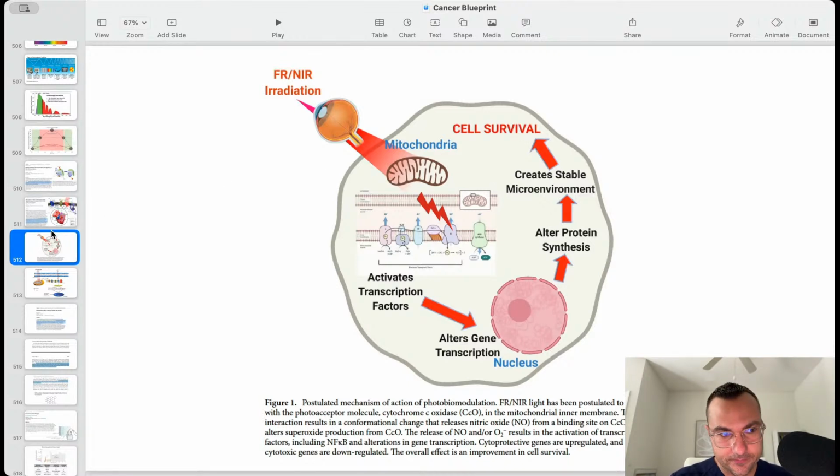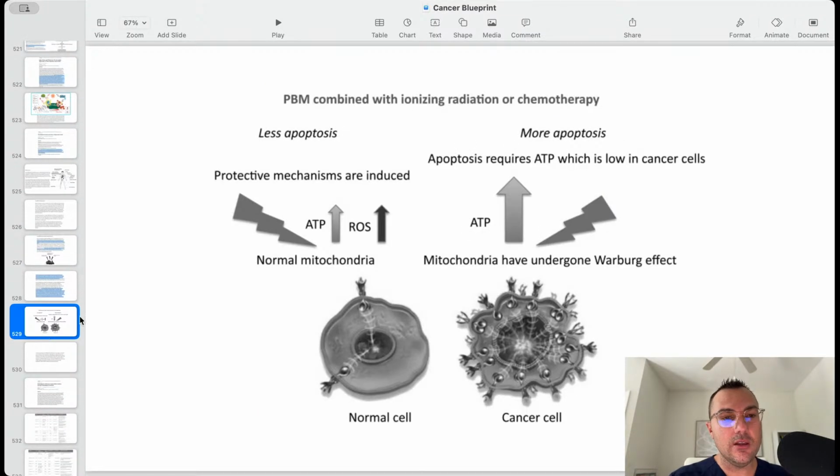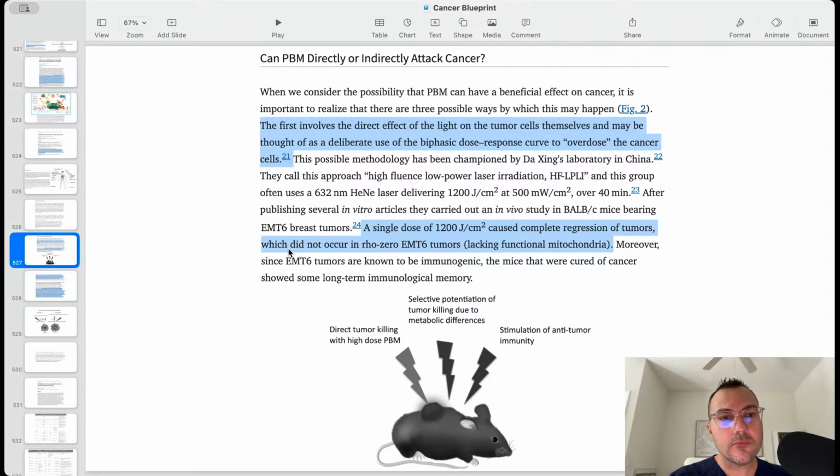However, when you have cancer cells that have either absent or non-functioning mitochondria, you actually create reactive oxygen species bursts, which terminally damage the mitochondria and create an apoptosis response, or the reactive oxygen species are so overwhelming that they cause DNA damage and cause apoptosis that way.